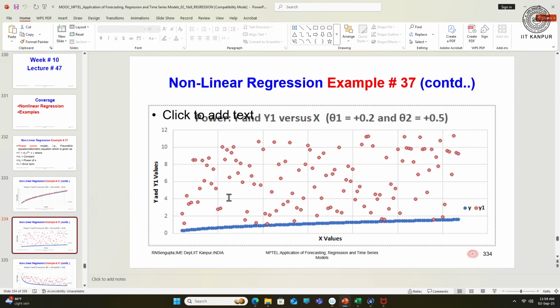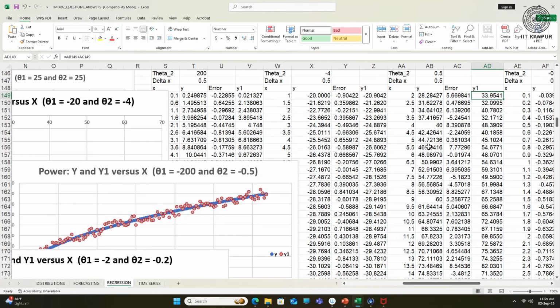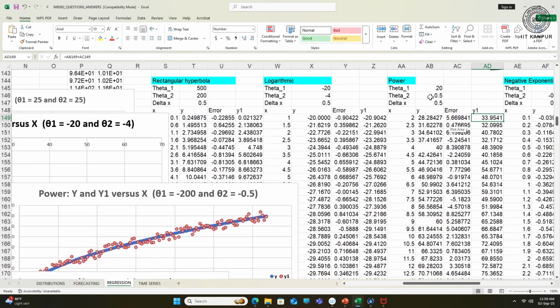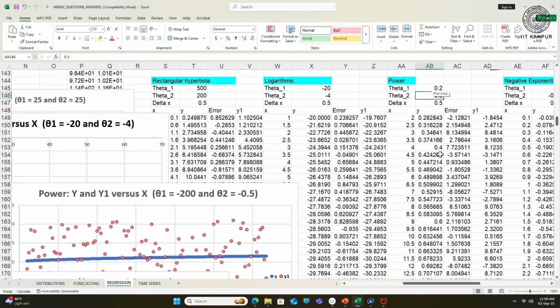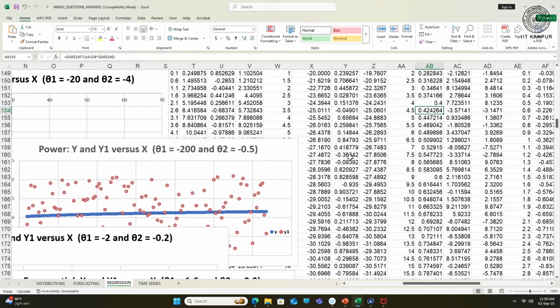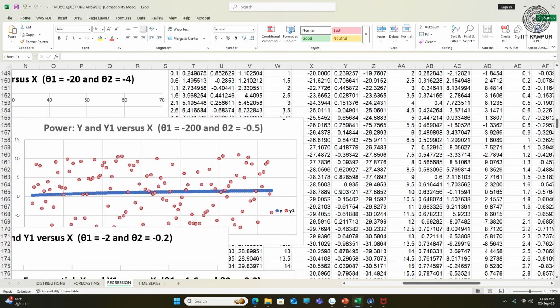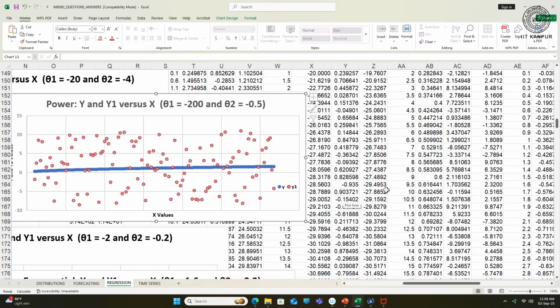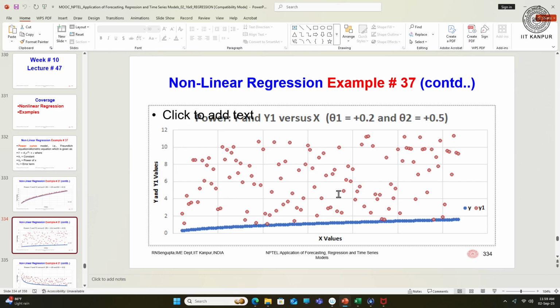So, the next graph is basically for theta 1 plus 0.2, theta 2 is 0.5. If you see this graph, this is the data which you have for the graph, where theta 1 is also low, theta 2 is also low.